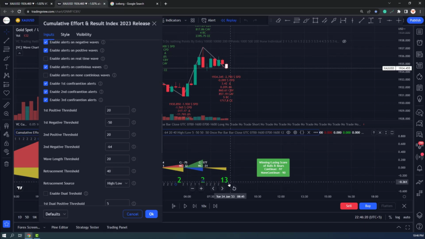Because the third confirmation cannot be met before the second and first. If the first confirmation is not met, there is no way to meet the second confirmation. If the second confirmation is not met, there is no logic to meet the third confirmation. So the third confirmation is the last confirmation after all the confirmations.